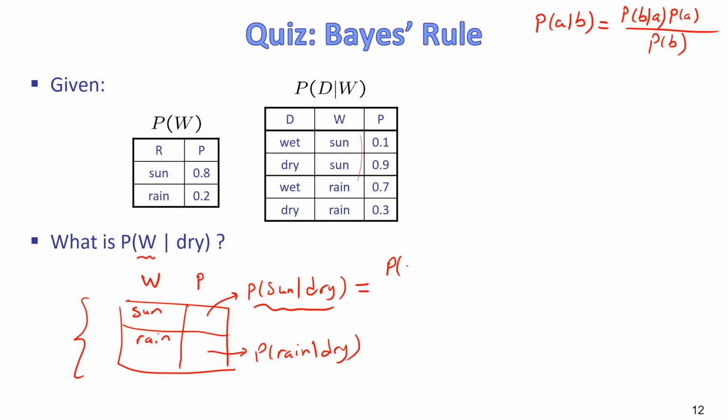Probability of sun given dry equals probability of dry given sun, times probability of sun, divided by probability of dry. Very good. Do we have these probabilities? How about this one?